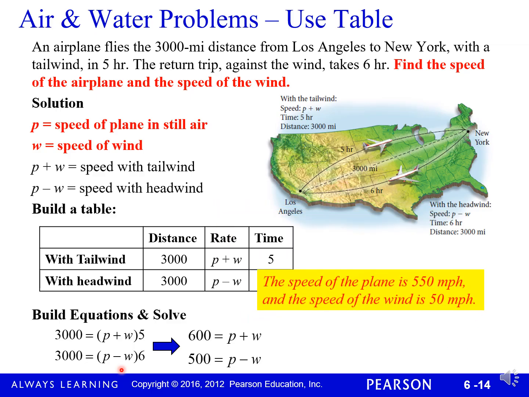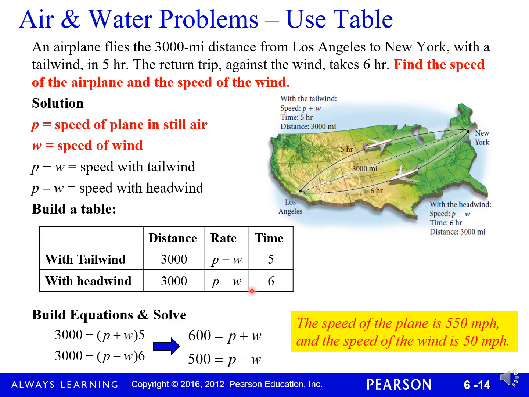And so now when we add these equations, we get 1100 equals 2P. So 1100 divided by 2 gives us the speed of the plane, 550. And we know that the speed of the plane plus the wind equals 600, so the speed of the wind is 50.